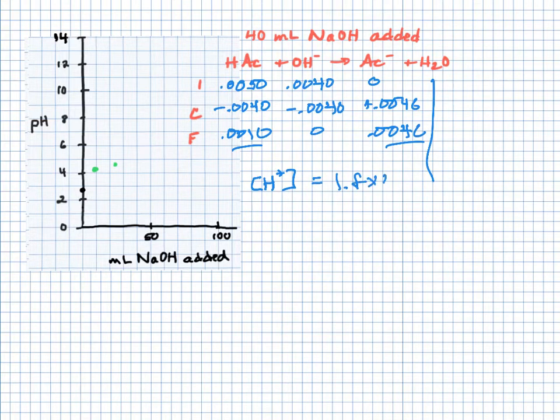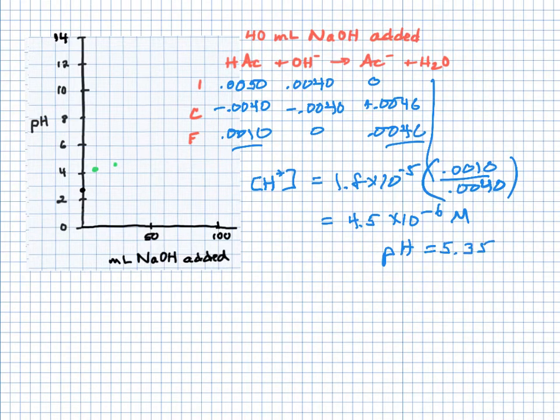Ka, acid over base, 0.001, 0.004. So your H plus is going to be 4.5 times 10 to the minus 6 molar, and your pH is going to be 5.35. So at 40 milliliters, we're up here somewhere. Okay, so we're sort of doing this right now, but we're about to hit the equivalence point in the next slide.